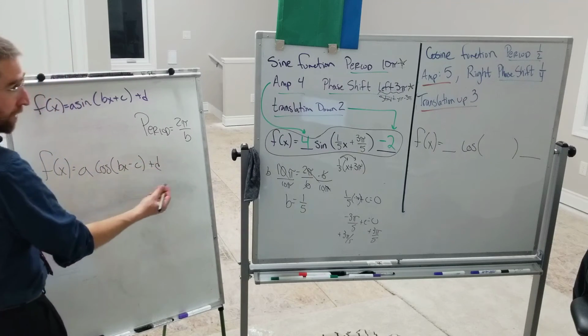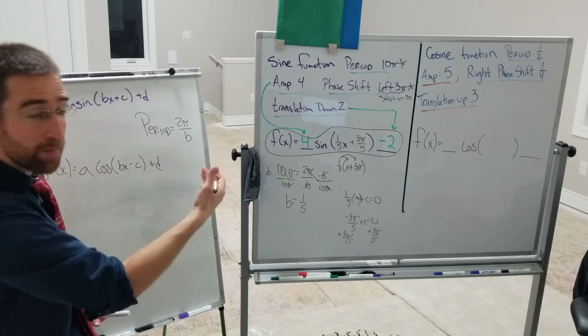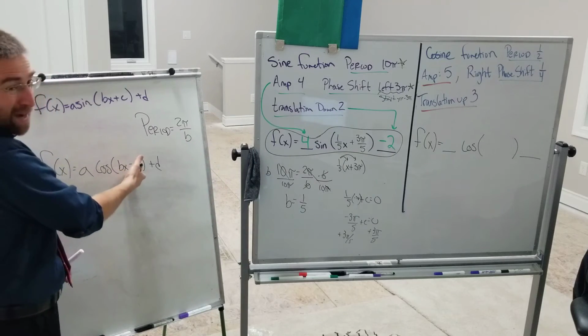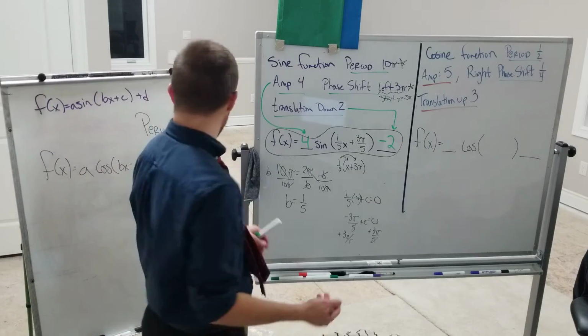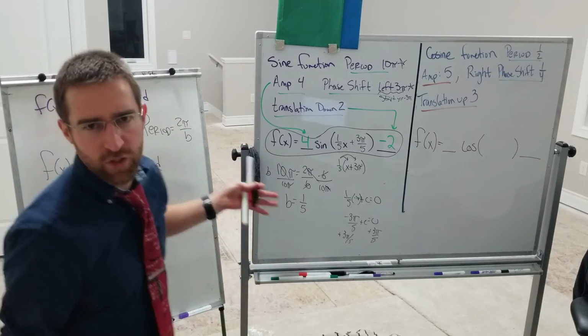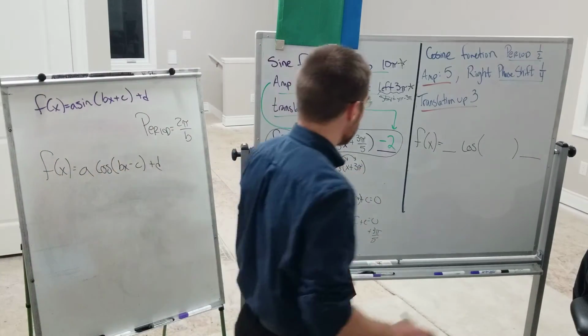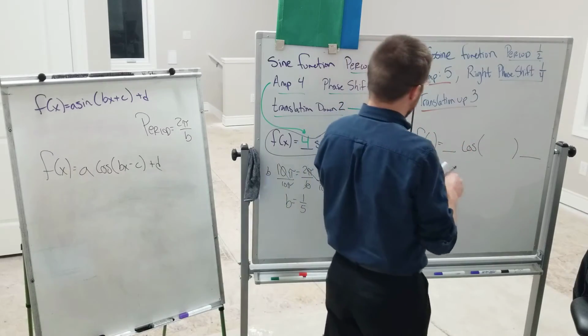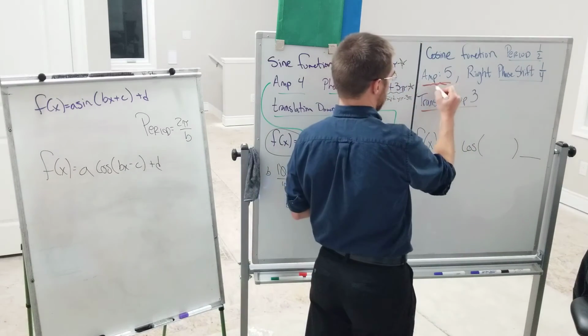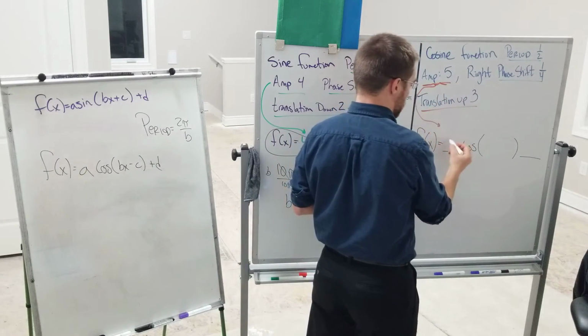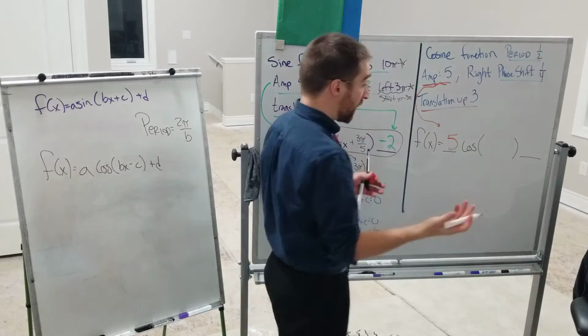Could be a plus, could be a minus. In this case, we're going right 1/4, so it's going to be a minus here. That plus or minus just changes whether or not the shift is right or left. So this amplitude of 5 tells us our coefficient out front. That's our a value. 5 cosine.